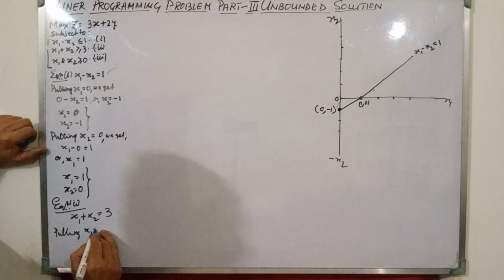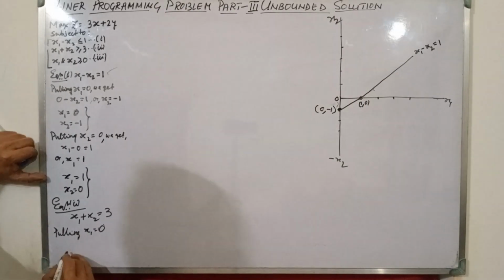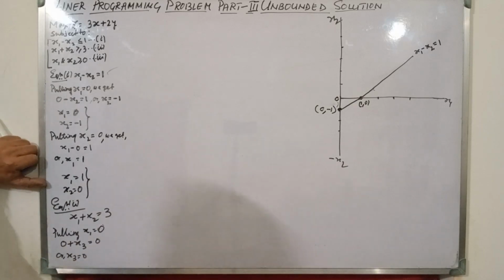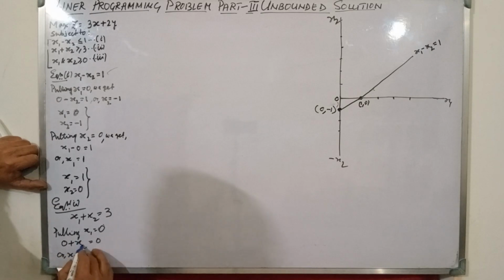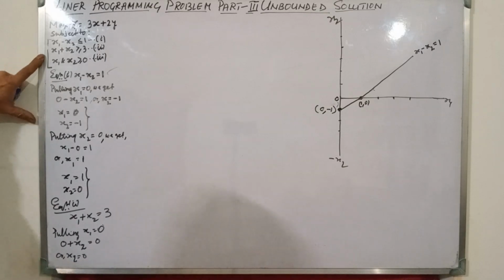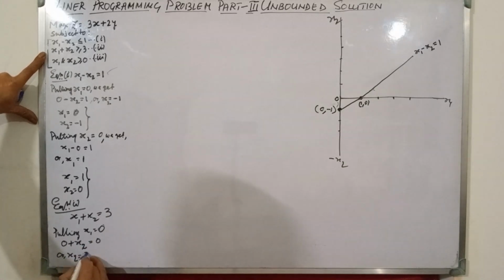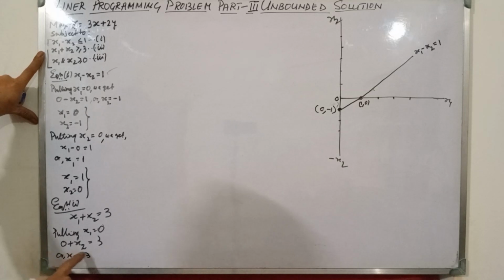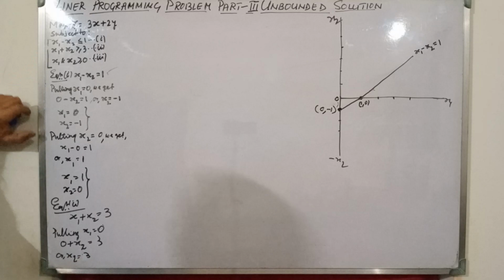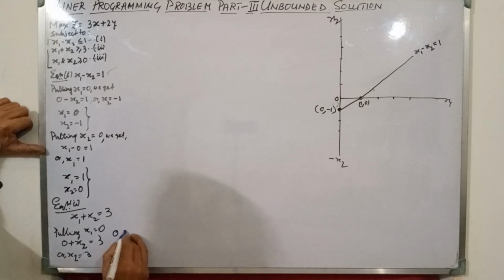Now putting x1 equals 0, we have 0 plus x2 equals 3, so x2 equals 3. So we get here a set of values as 0, 3.